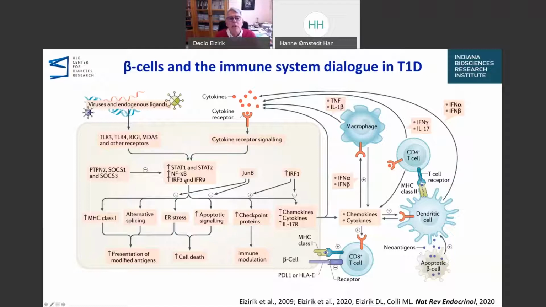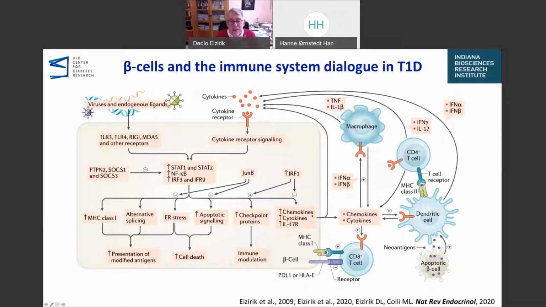And this will lead to a next step, which is activation of key transcription factors, including, for instance, STAT1 and STAT2 and nuclear factor kappa B. And it's interesting that some candidate genes for type 1 diabetes, like TYK2, act here down-regulating activation of STAT1 and STAT2.